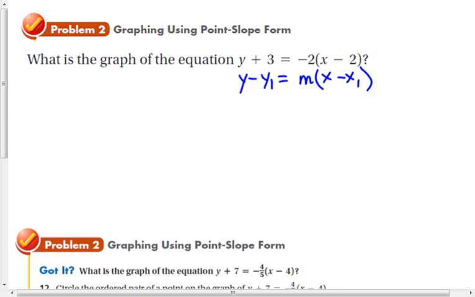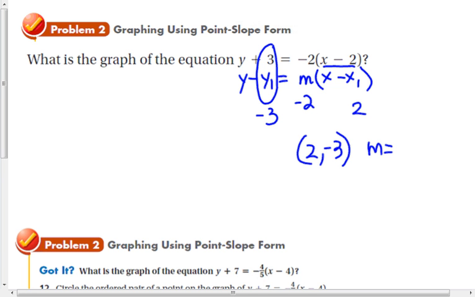So from this information we get our y coordinate is the number that's being subtracted, and since it says y plus 3, that y coordinate would be -3. The x coordinate, the number we're subtracting from x here, is 2, and the slope is -2. So I'm going to write that as a coordinate (2, -3), and the slope is -2.